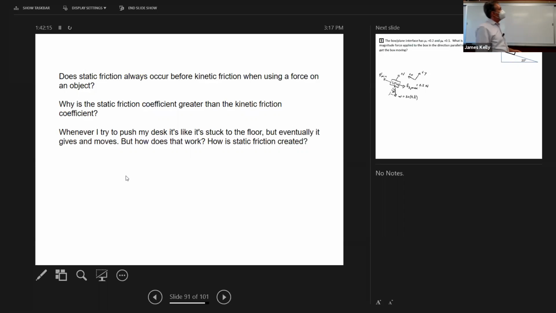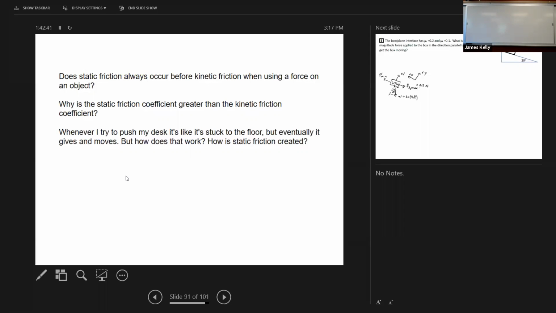Is the static friction coefficient greater? So why is the static coefficient greater than the kinetic friction coefficient? Well, I guess there's two ways to answer this question. One is there would be some sort of almost logical contradiction if the reverse were true. In other words, suppose that the kinetic coefficient were bigger and the static coefficient of friction were smaller.